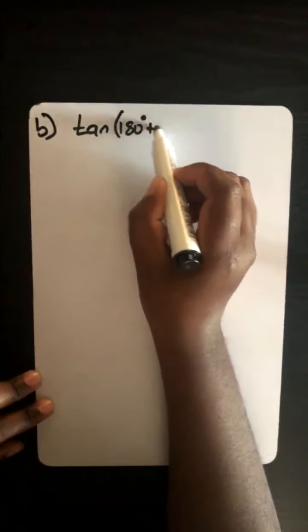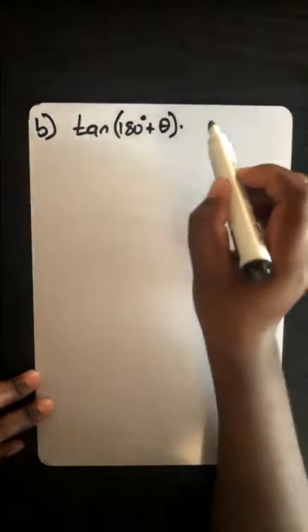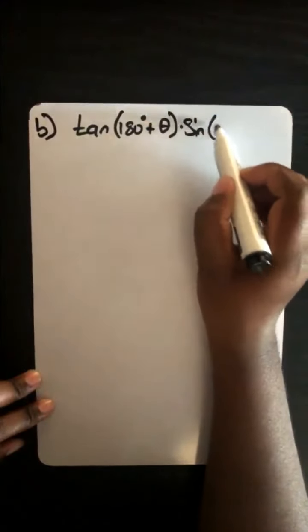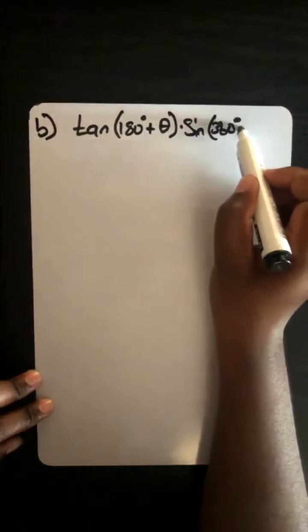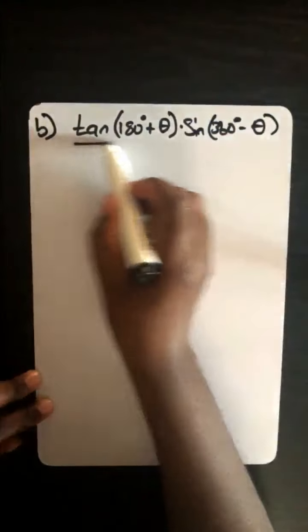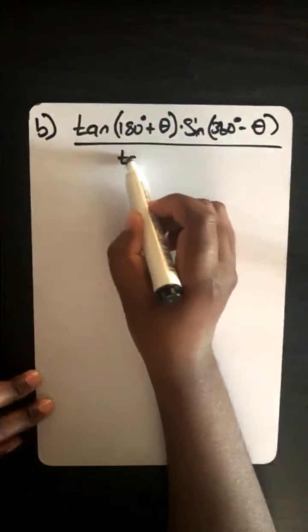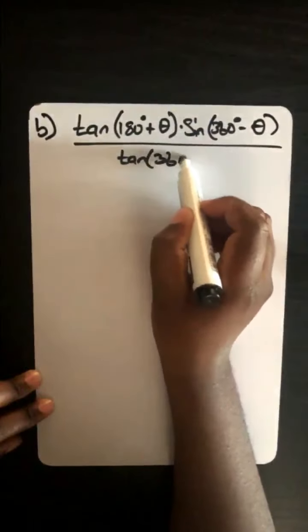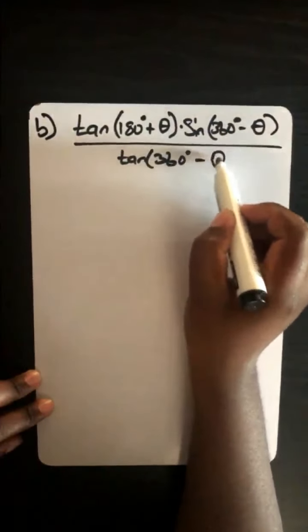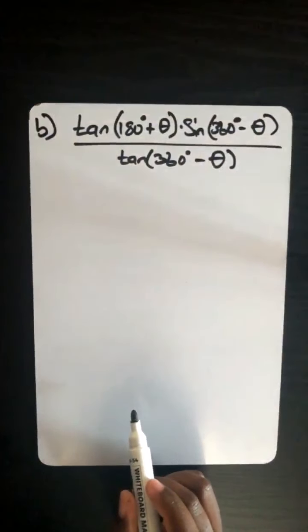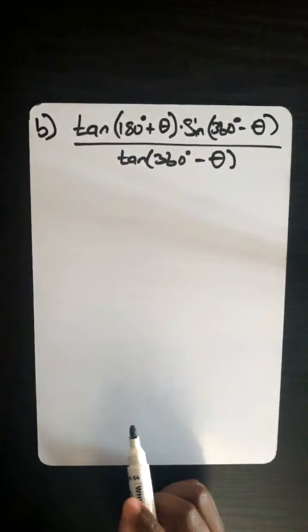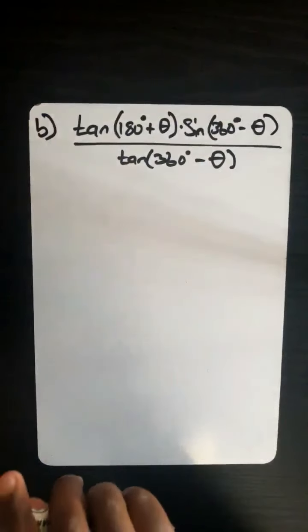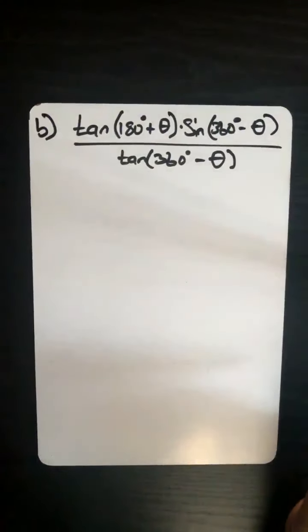So it's a squared plus that multiplied by sine of 360 degrees minus angle theta, all of that divided by tan of 360 degrees minus angle theta. Remember, guys, that method that I showed you is just a personal trick that I've been using. So make sure that you attend more of my lessons so that you learn how to prove if your final answers are wrong or correct.